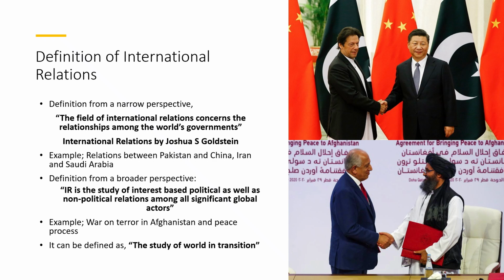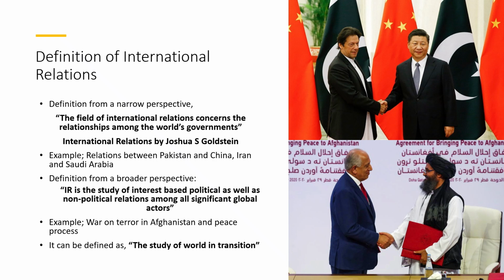It is very easy to understand. The source of this definition is the book International Relations by Joshua S. Goldstein. Joshua S. Goldstein defines this subject from a narrow perspective, and he says that international relations concerns the relationships among the world's governments.